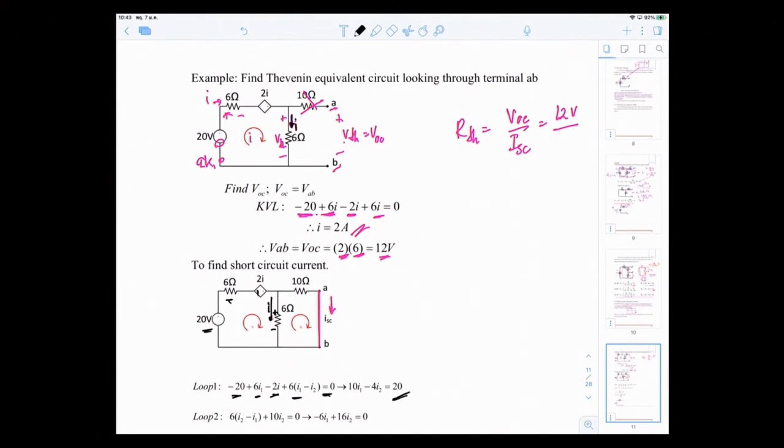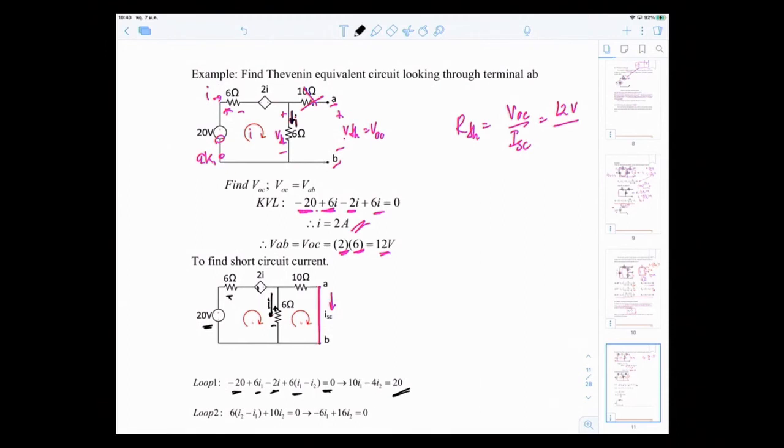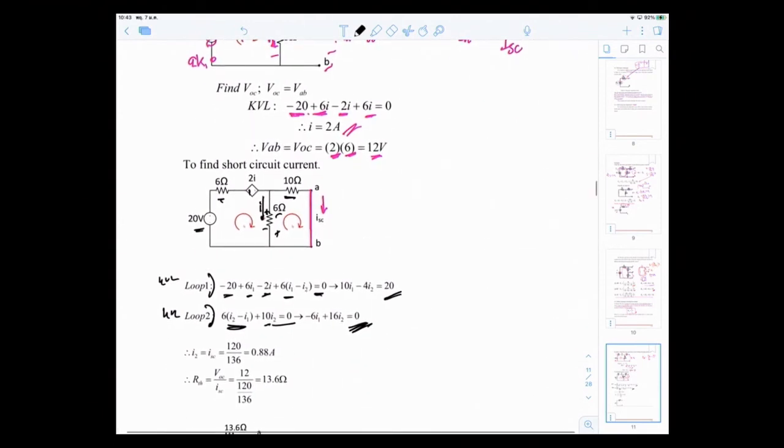You get this equation. For the second mesh, KVL loop I2: 6 times I2 minus I1, plus 10 I2 equal to 0. You use these two equations to find I1 and I2.